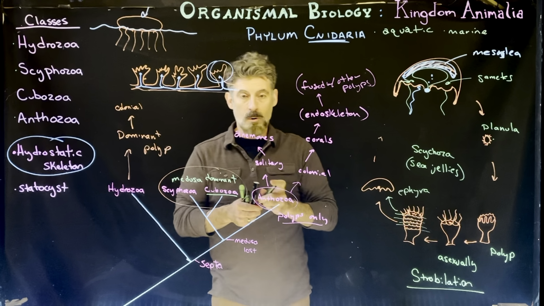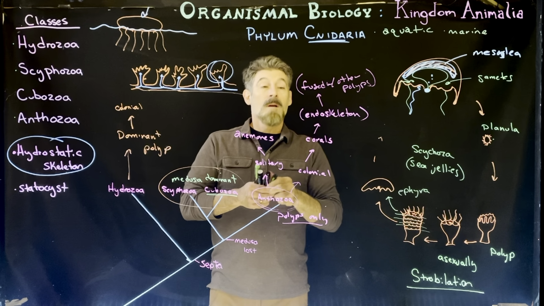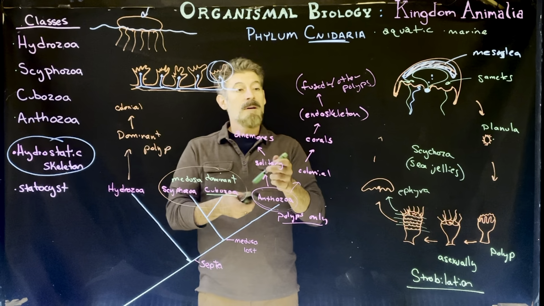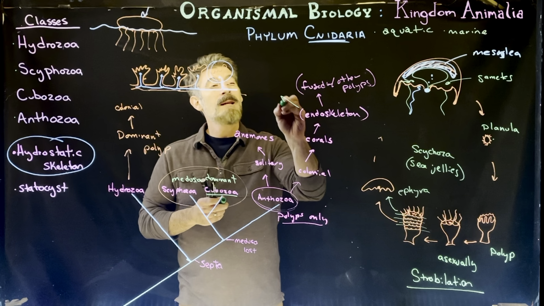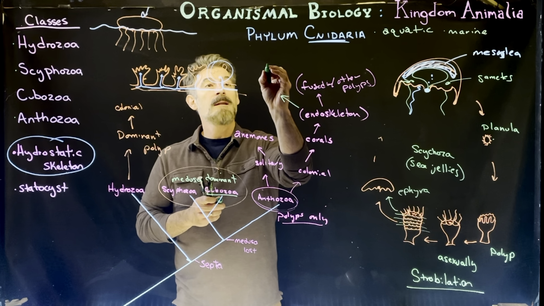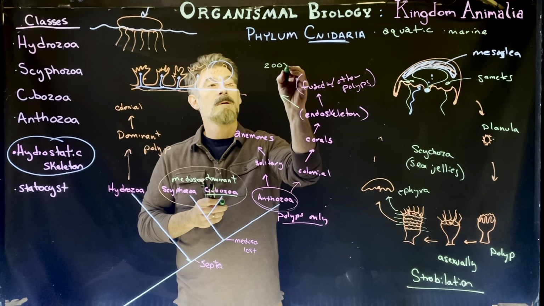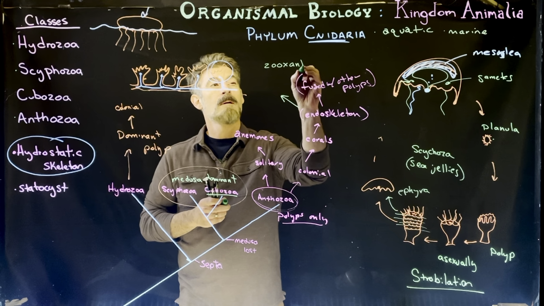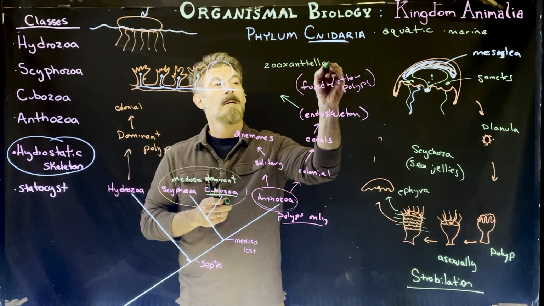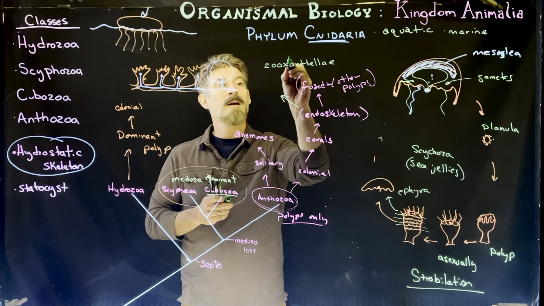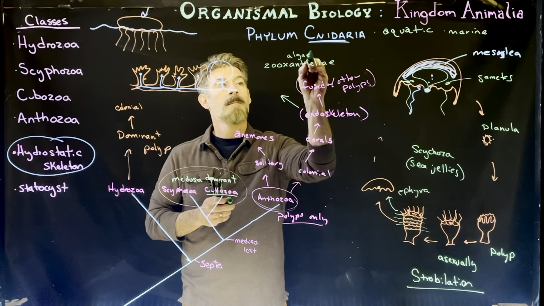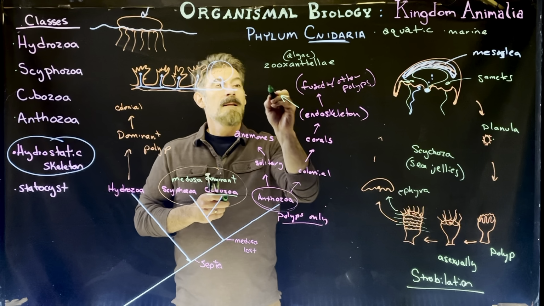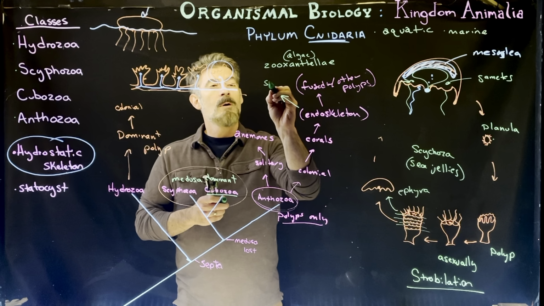Now the living corals also generally have a symbiotic relationship with Zooxanthellae. So Zooxanthellae are algae that live within many of the coral polyps.